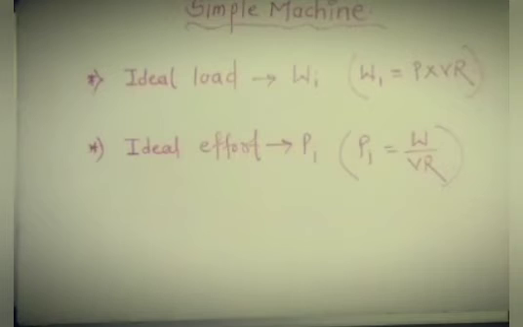So right now, ideal load means what? The load without friction is known as ideal load, which can be calculated using the formula Wi, where the suffix i stands for ideal. So Wi is equal to P into Vr, and ideal effort, the effort without friction, is known as ideal effort, which is denoted by Pi. So Pi can be calculated by the formula W upon Vr.